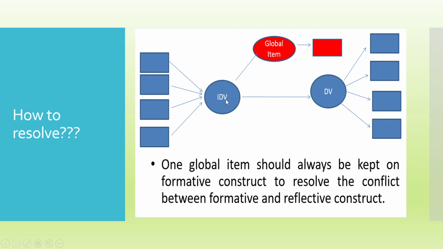This independent variable is a formative construct. Why? Because the arrows are moving inside. Now I want to check the convergent validity of this. So what will I do? I will introduce one single global item which has been captured using this measured variable, and it should be on the reflective scale, this one.